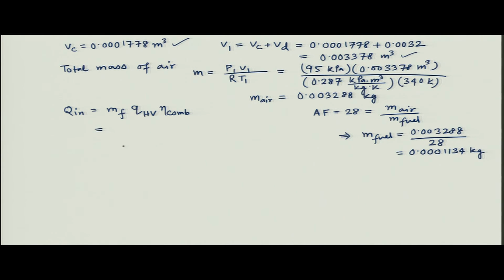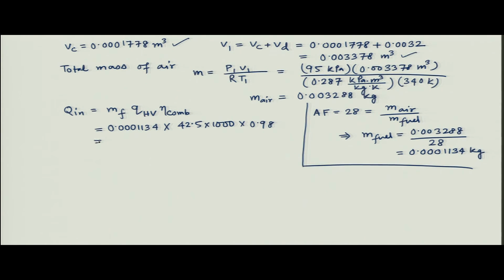Now I can put this back here, and heating value is given 42.5 megajoule per kg. So, we have to convert it into kilojoule per kg. I am multiplying it with 1000, and the combustion efficiency is 0.98, right.